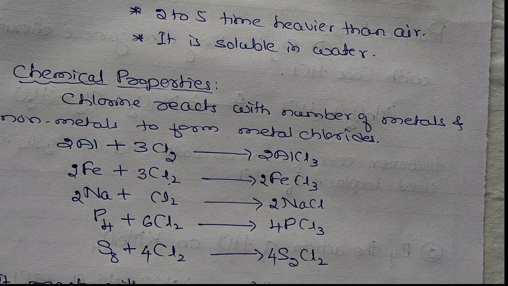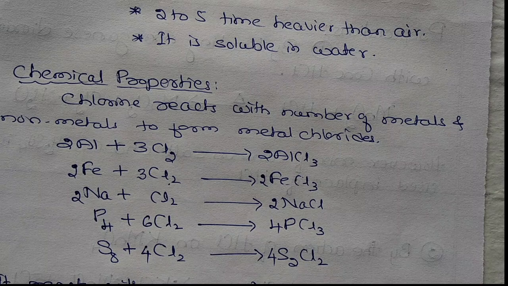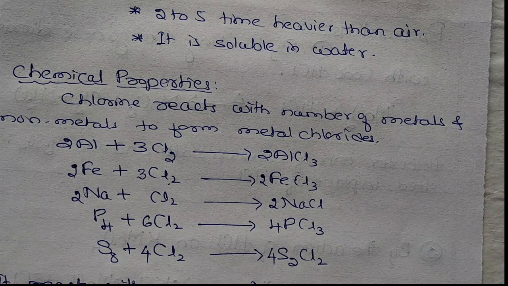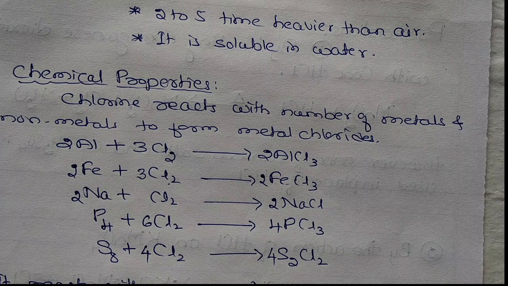It reacts with compounds containing hydrogen. Chlorine reacts with compounds containing hydrogen, or hydrogen itself, to form hydrochloric acid, HCl. A compound containing hydrogen is, for example, hydrogen sulfide, H2S.